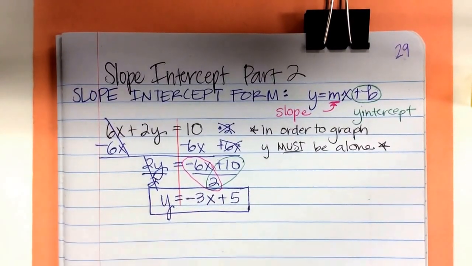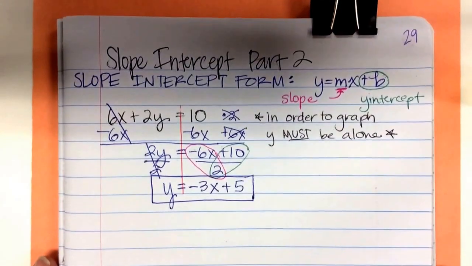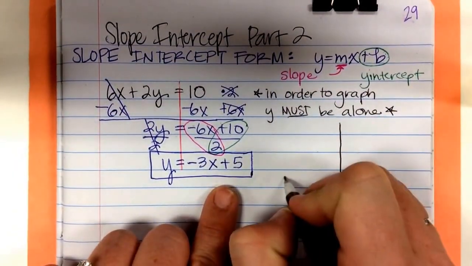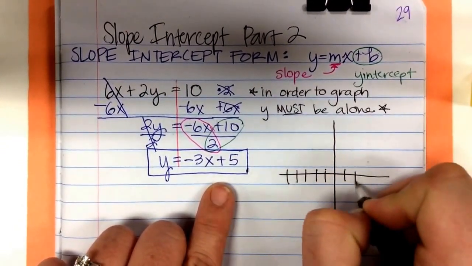I know I said you aren't going to have to graph on your homework, but let's take this one step further and get a little bit of graphing in on our notes. If you were going to graph this, let's just draw a quick and dirty graph. It doesn't have to be pretty. Go to 5.